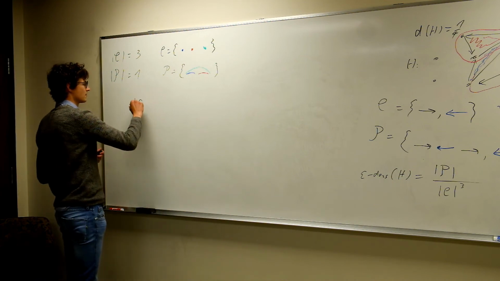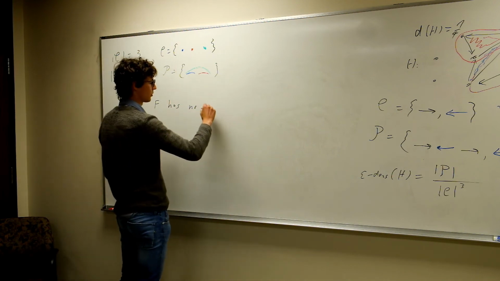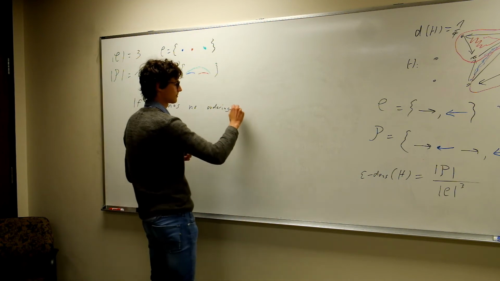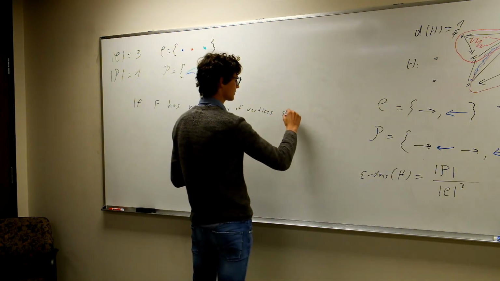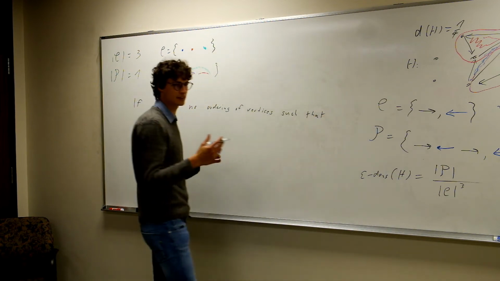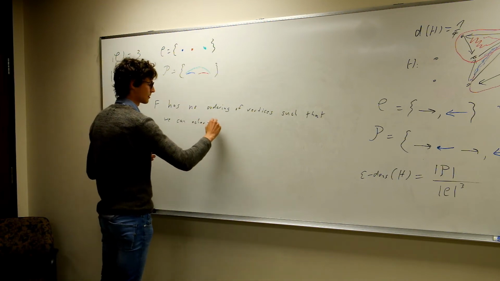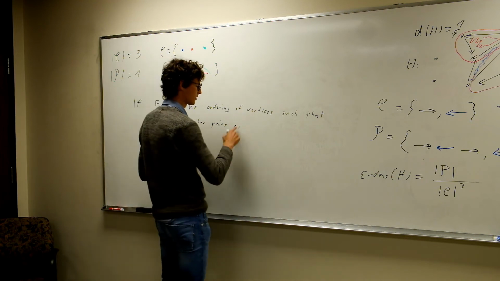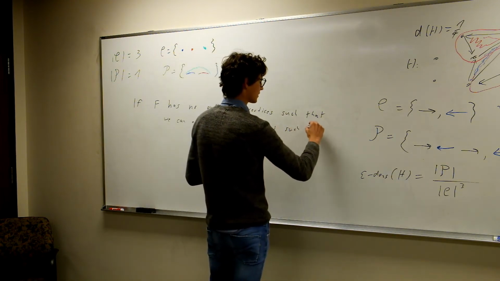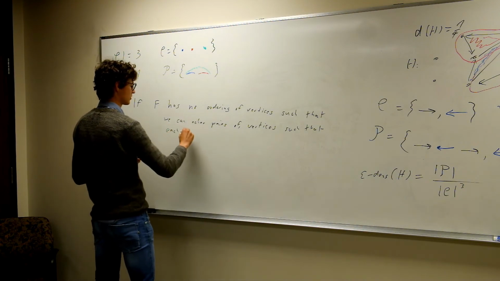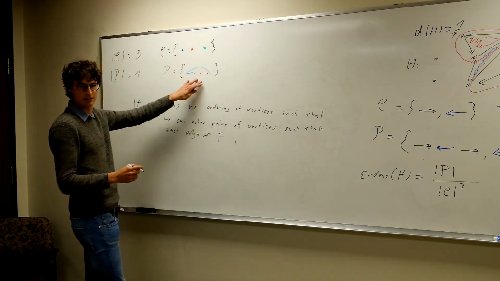So what do we know? The graph F has no ordering of the vertices such that we can color the pairs of the vertices such that each edge of F agrees with exactly this picture.